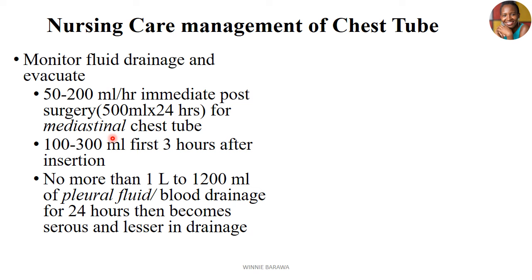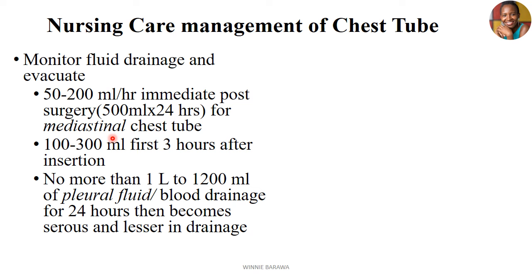And in the first hour, depending on how much fluid the person has in the pleural space, the fluid can range from 50 to 200 mils per hour. So it basically depends on how much fluid is in the space and what the flow rate is. But the flow rate basically can be 50 per hour. If you take 50 mils multiplied by 24 hours, you can have 1.2 liters at least.